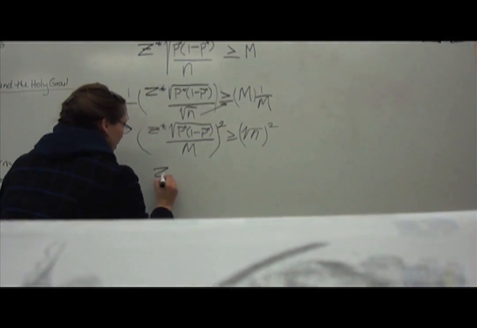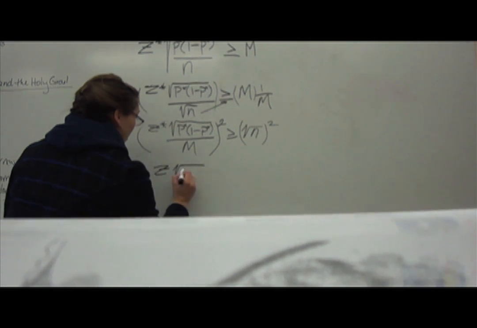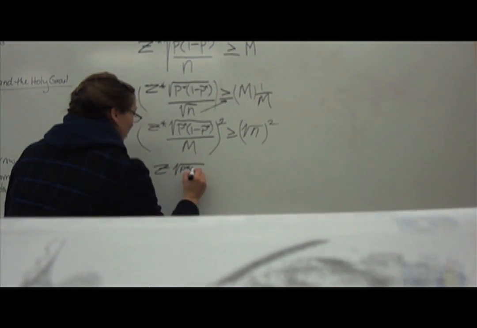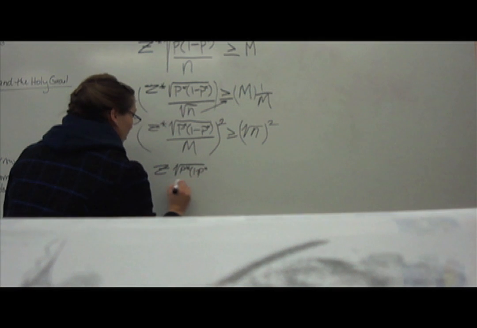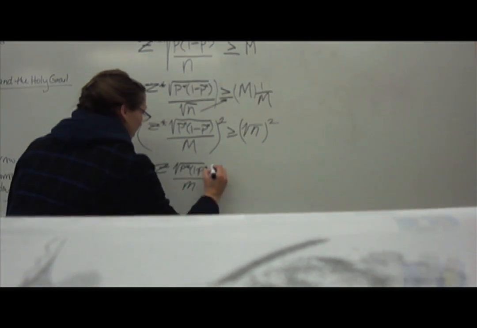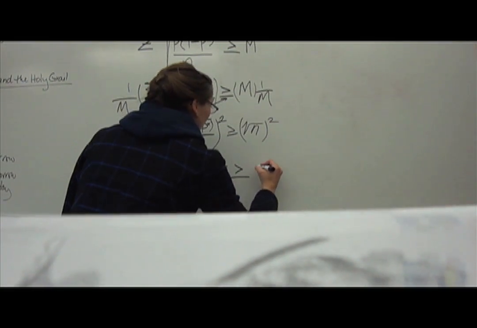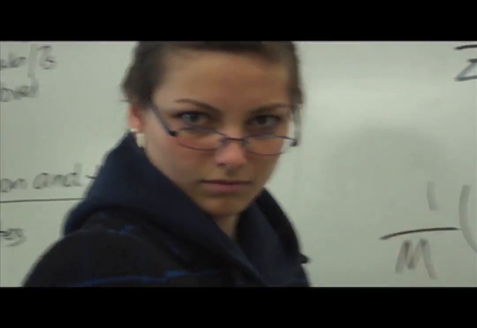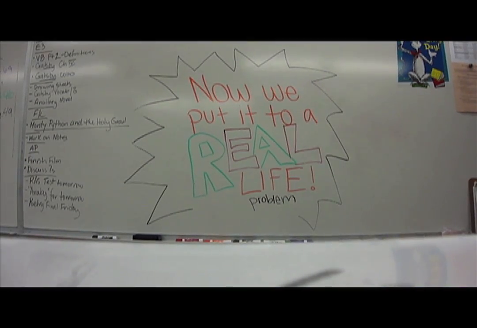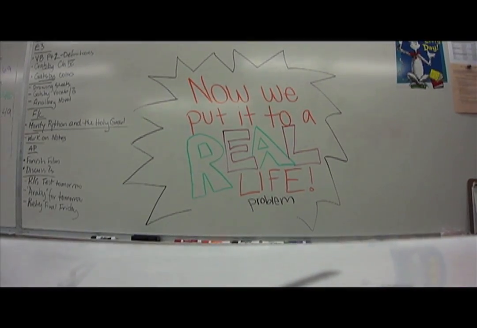Now we have z times p 1 minus p over n, squared, greater than or equal to n. Now we put it to a real life problem.